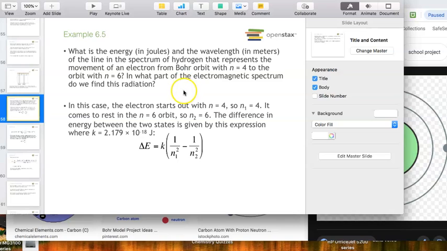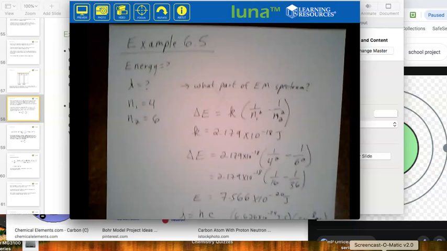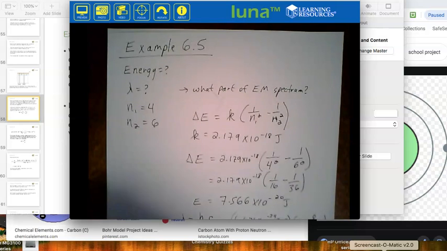In what part of the electromagnetic spectrum do we find this radiation? So in this case, I would need our formula here. The change in energy is equal to K times 1 over n sub 1 squared minus 1 over n sub 2 squared.